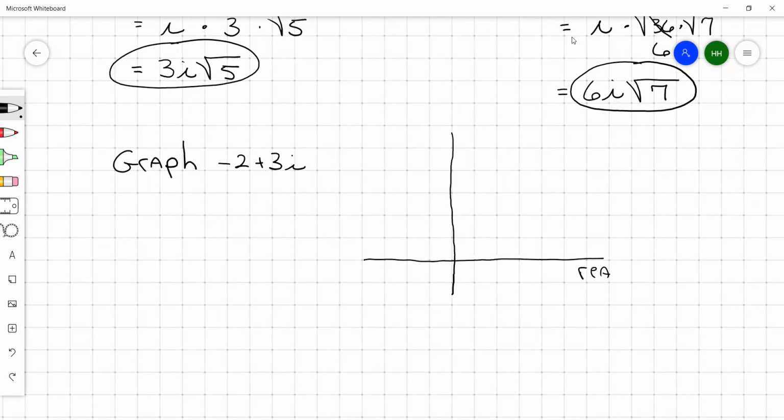Horizontal is the real, vertical was the imaginary. So negative 2, positive 3i. Right there is negative 2 plus 3i.